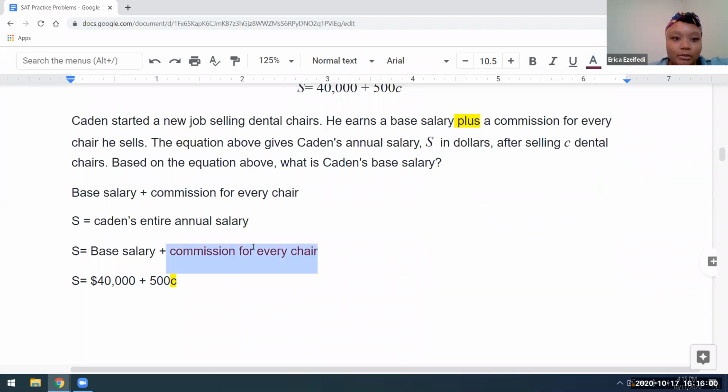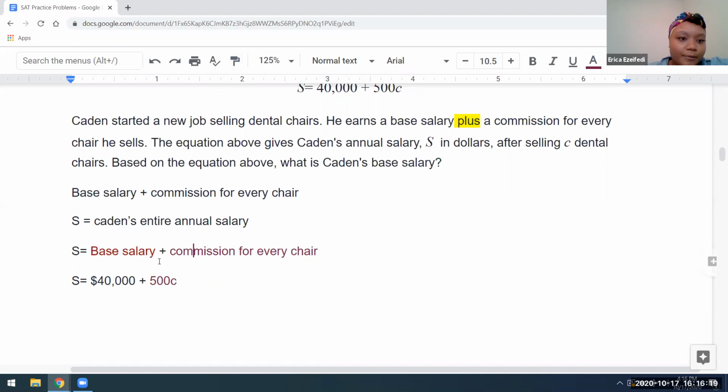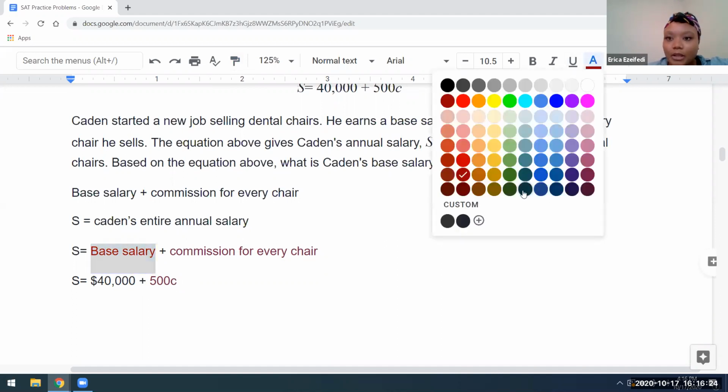Make this purple. So this is this equivalent here. Now, that means that the base salary must be 40,000. Because see, we've drawn equivalents, let's make this a contrasting color, between our phrases that we concocted.